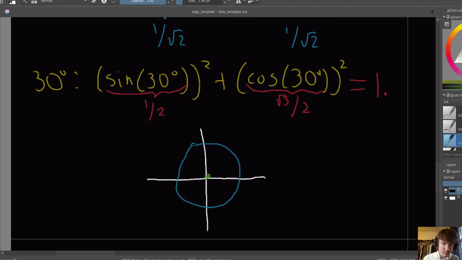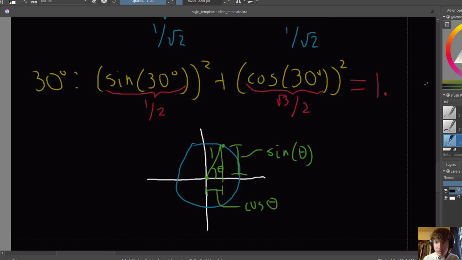So if we just pick any angle theta and drop this triangle, we know that the radius of this circle is 1, and this is the x length, so this is cosine of theta, and this vertical height, this is sine theta. So maybe now it's becoming a bit clearer.